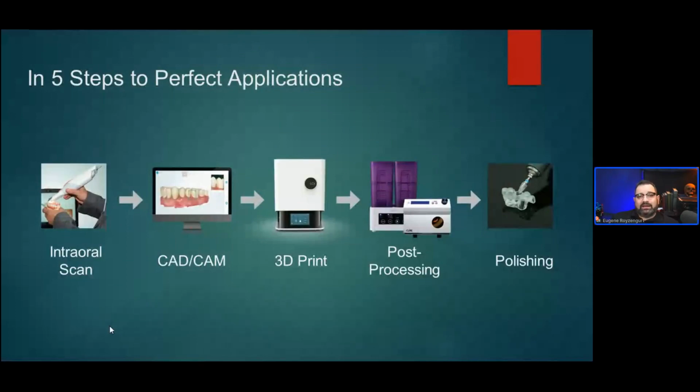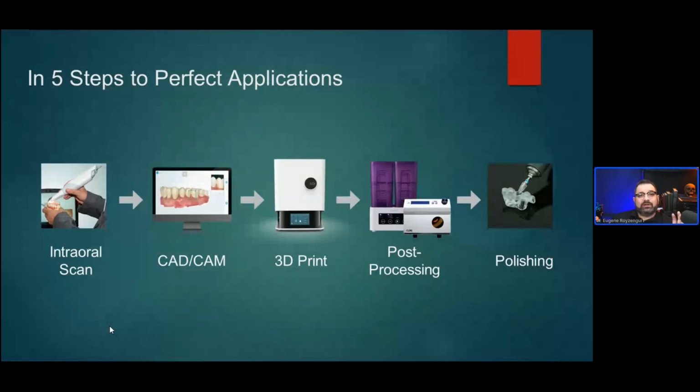The great thing nowadays, there's a program out there, and I'll be talking a little bit more about it down the line, Medit, and they have a lot of cool apps, and it's a free program. One of the apps within Medit can convert that DCM file into an STL file, which makes it a lot easier to utilize all these different programs.